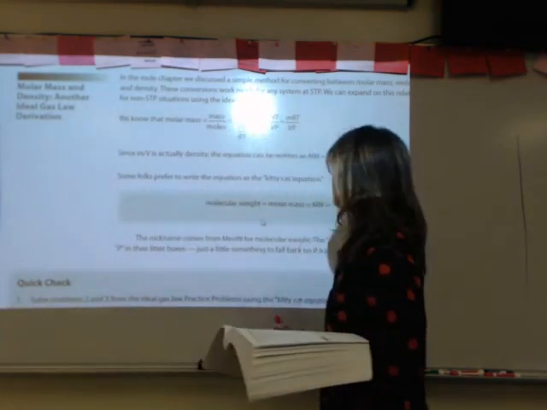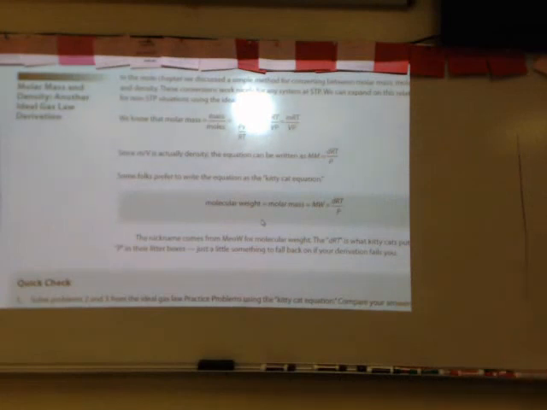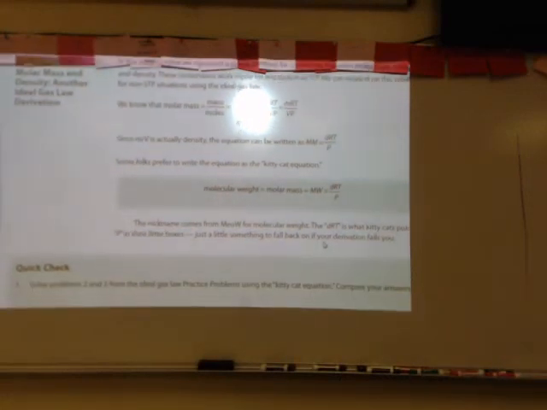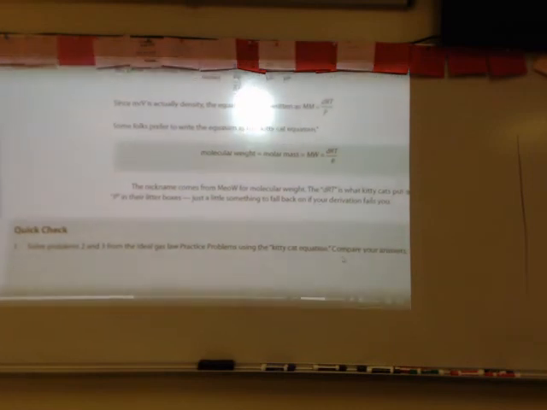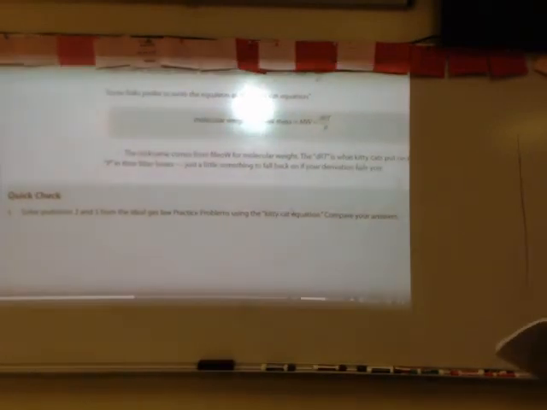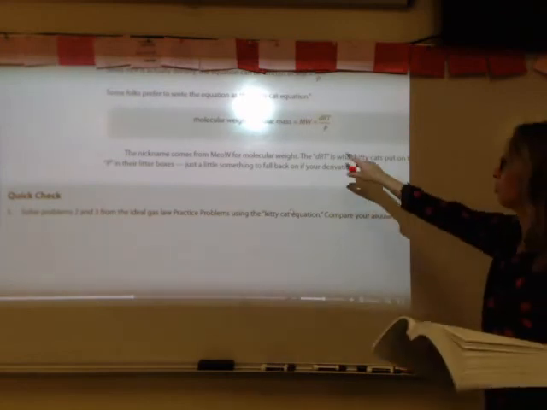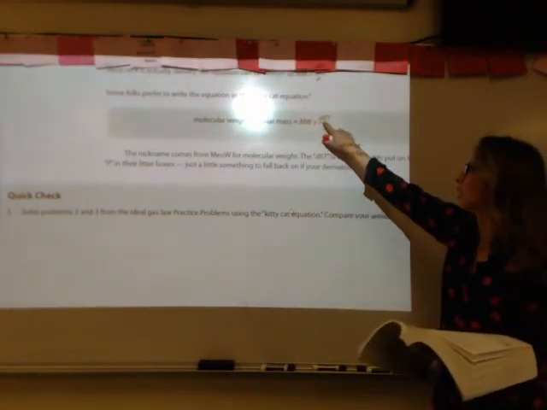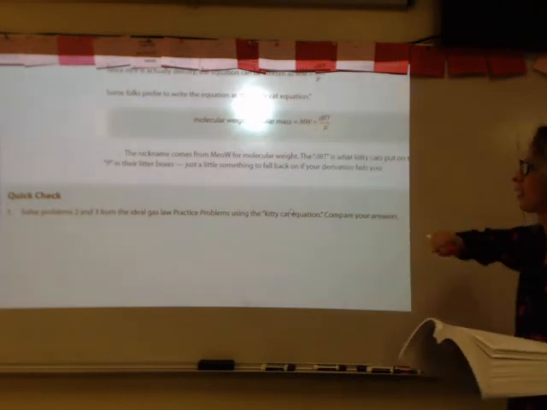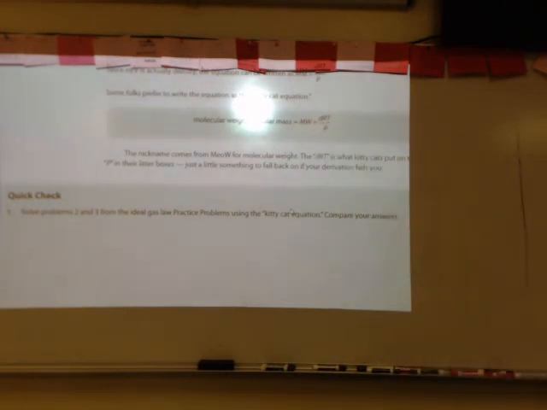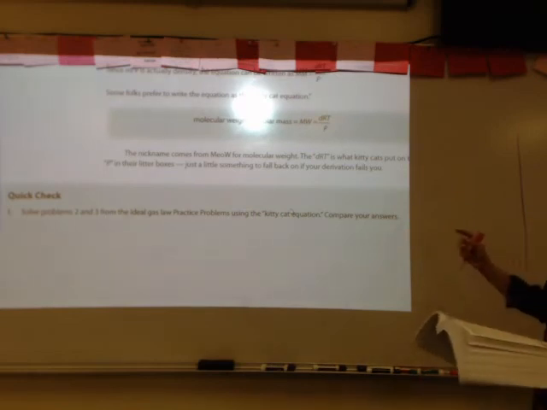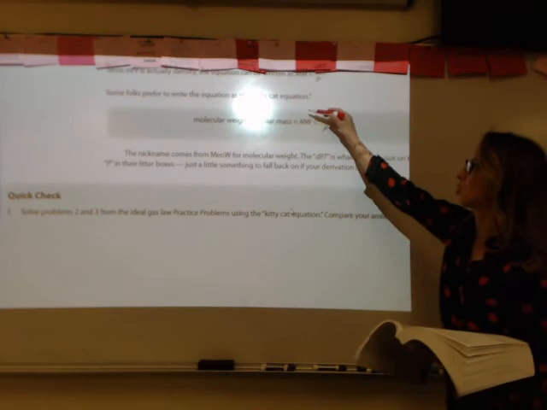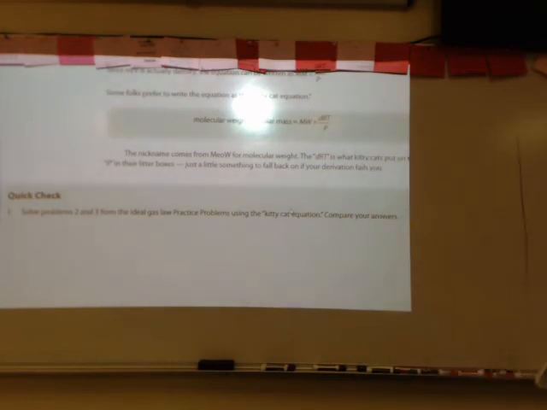If I have the ability to get the density of a gas, I can calculate the molar mass using this equation called the kitty cat equation, which is the molecular weight, or the molar mass, equals the density of a gas times R times T divided by P. The nickname comes from meow for molecular weight, and then dirt is what the kitty cats put on pee in their litter boxes. So that's where this kitty cat equation comes from.